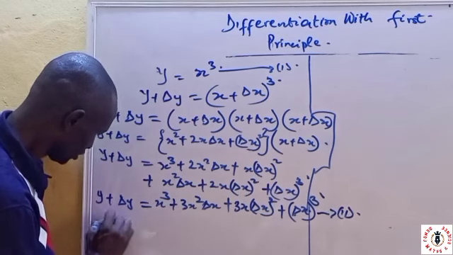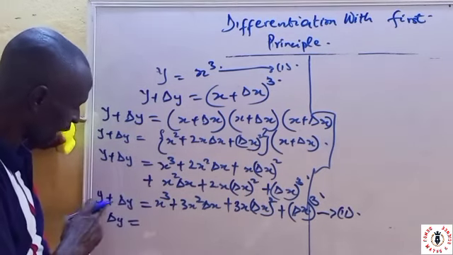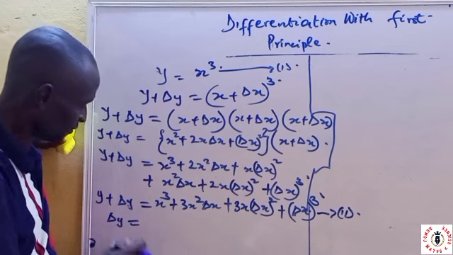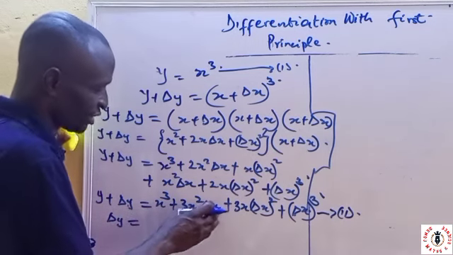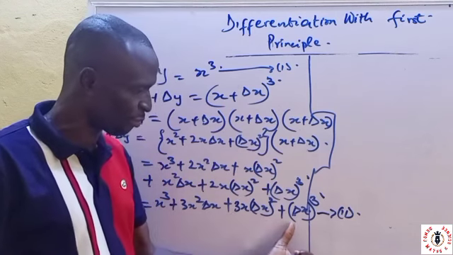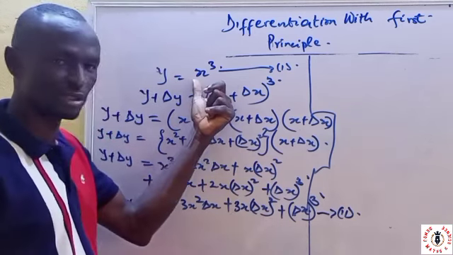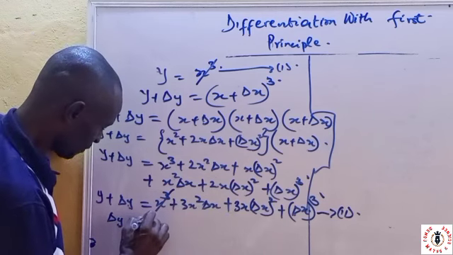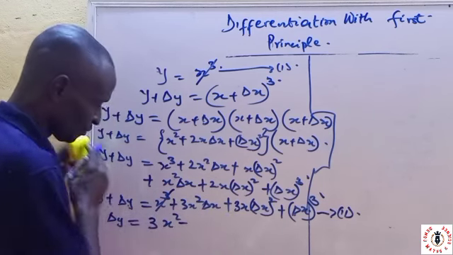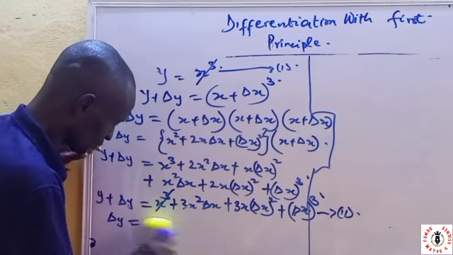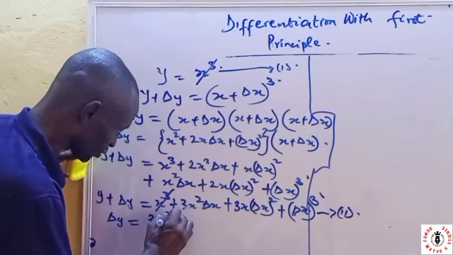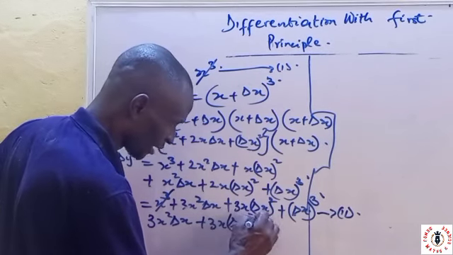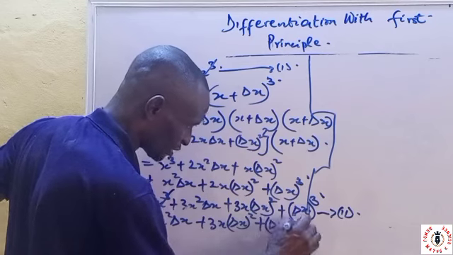So this becomes change in y, because y plus change in y minus y, I will be left with a change in y. x cubed plus 3x squared change in x plus 3x change in x squared plus change in x all raised to power 3 minus x cubed. x cubed and x cubed will cancel, and I'll be left with 3x squared change in x plus 3x change in x all squared plus change in x all raised to power 3.